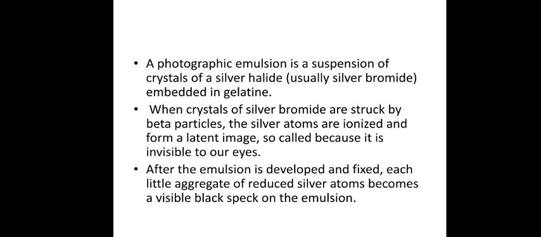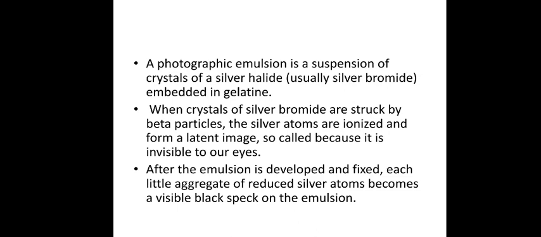So here the photographic emulsion in autoradiography will contain a silver halide. Usually it is silver bromide that is embedded in a gelatin. So when these crystals of silver bromide are struck by a beta particle, see, you have a sample, a tissue which is embedded with the radioactive element. We already know the radioactive element decays, emitting certain particles.